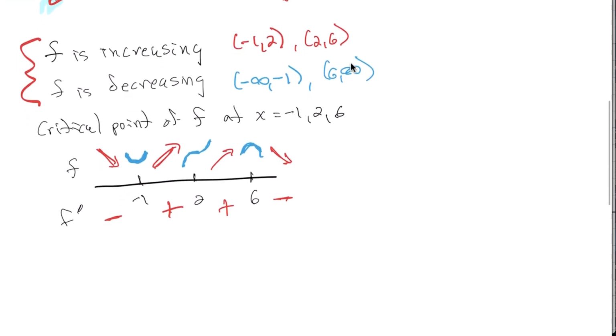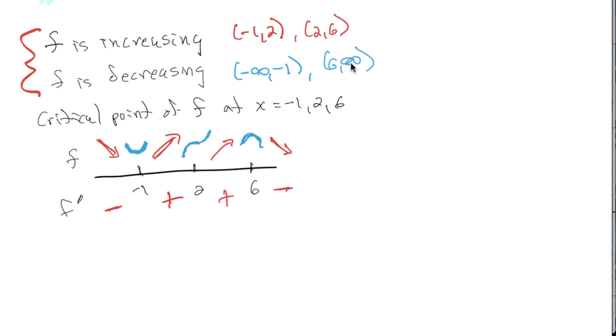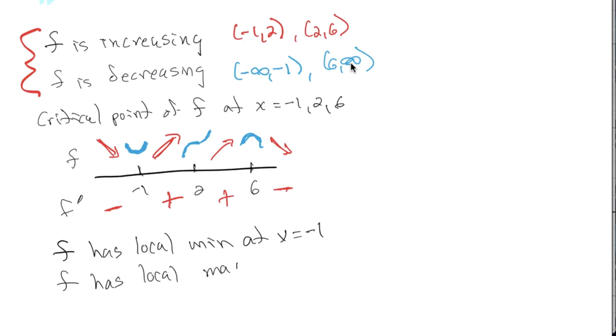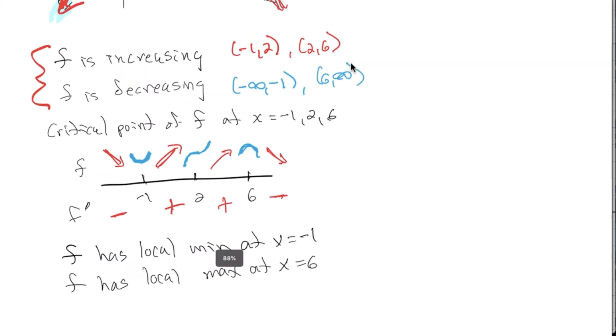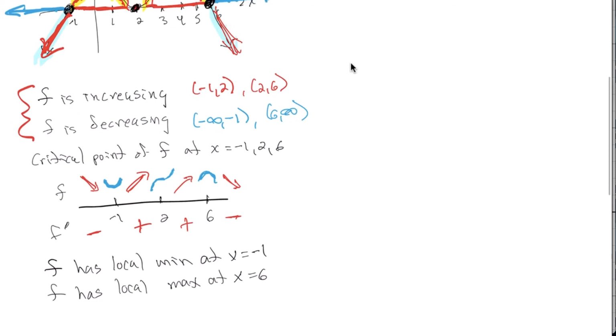So I'm going to summarize and say f has a local min at x = -1, and f has a local max at x = 6.